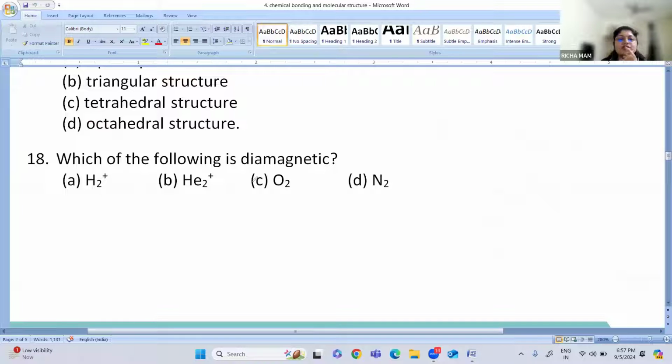Next question. Which of the following is diamagnetic?